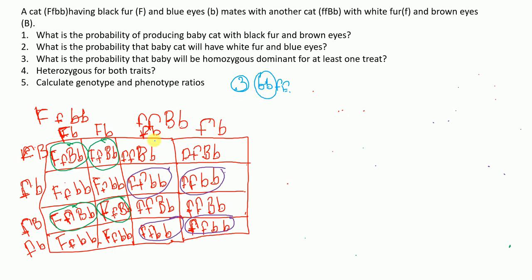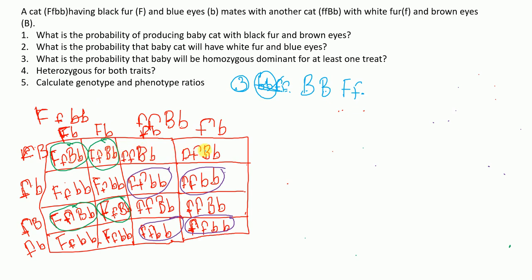So homozygous dominant, this is not, sorry, this will be homozygous recessive. I should have capital B and capital F. So let's see where I have that. Here I don't have that, here I don't have that.